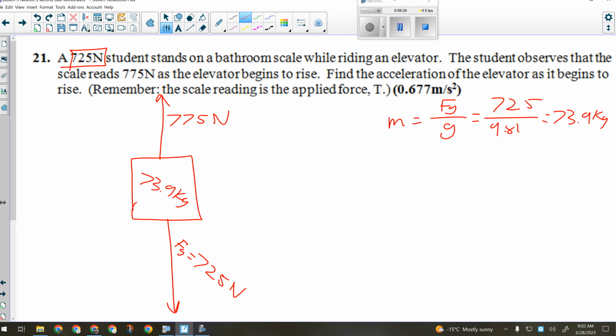Can I calculate the net force? What's the net force? 50 newtons. I've got 775 up, 725 down, so F net then is 50 newtons up.